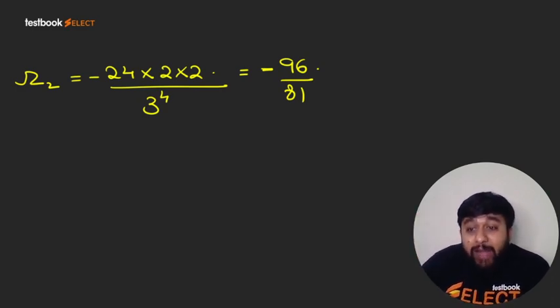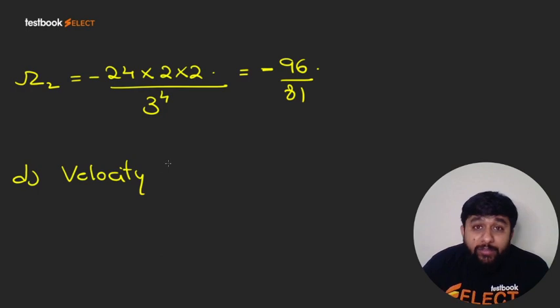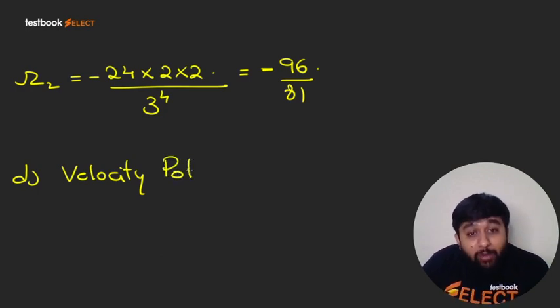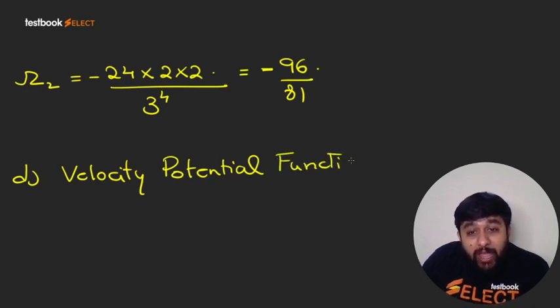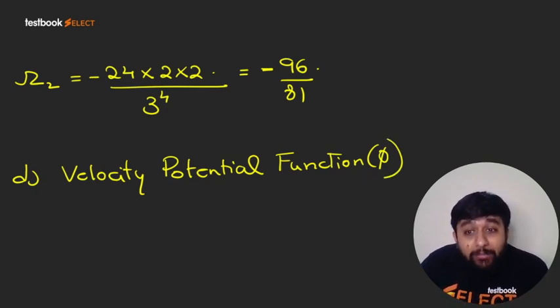Now the last part of the question was to find out the velocity potential function at the same point for the same time. Guys, I hope you remember a velocity potential can be defined when the flow is irrotational.